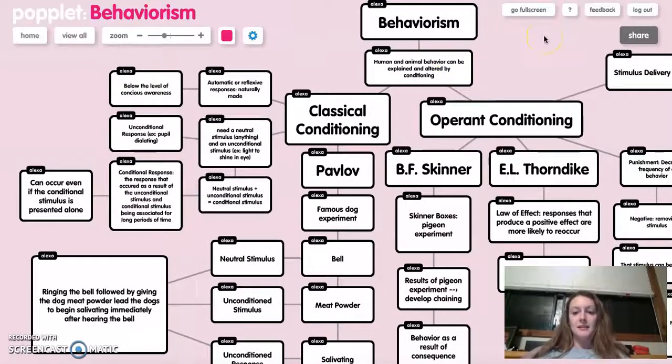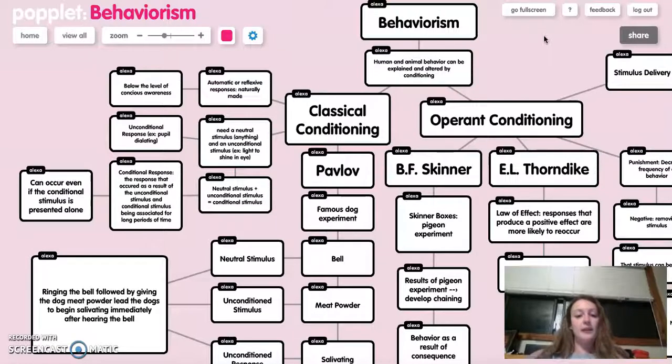That is the idea that human and animal behavior can be explained and altered by conditioning. And so the purposes of the reading were to talk about the two different types of conditioning this week, classical conditioning and operant conditioning. So I'm going to start with classical conditioning first.